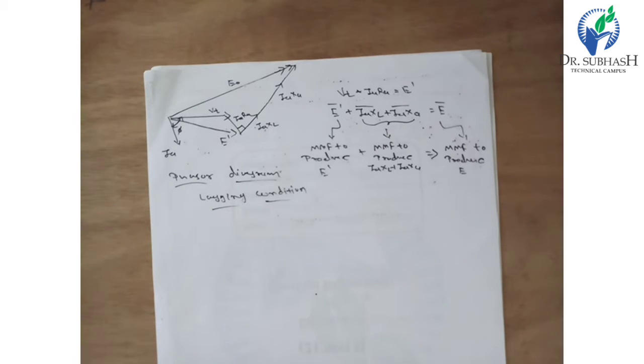For making this MMF diagram, the open circuit and short circuit tests will be used. In the MMF method, since the number of armature turns and field turns are constant, the MMF can be represented by the field current only.